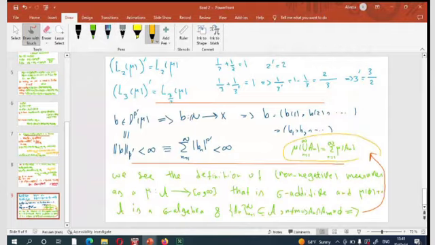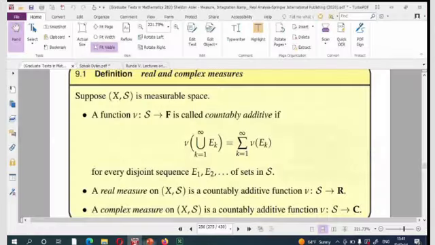We have this equality again. We have this equality again. But the difference is in the value of these functions.